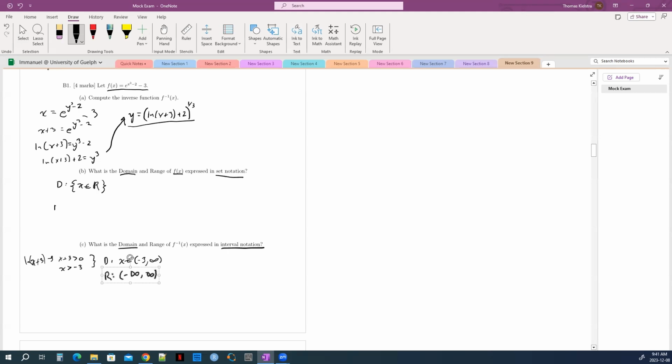And now here, I can get my range, and it's going to be the domain of the inverse function, which is the set of y that are real numbers such that y is greater than minus 3.